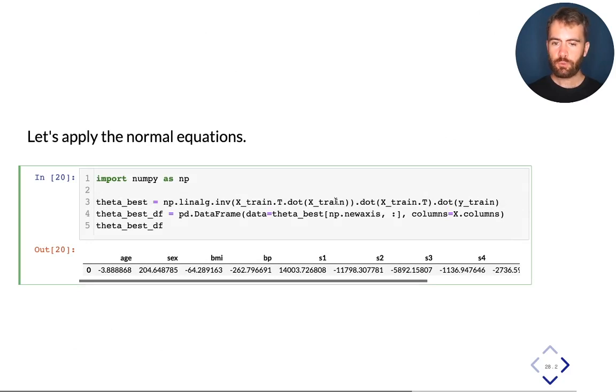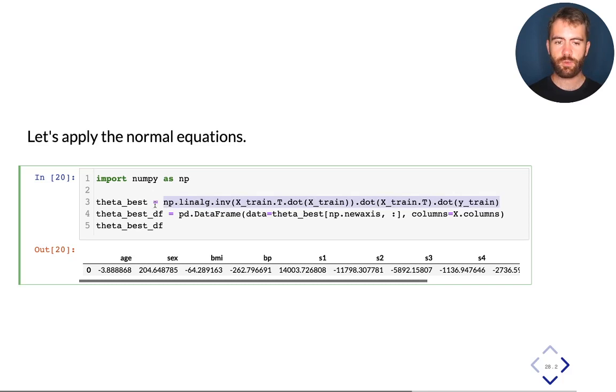We can apply the normal equations very easily to our UCI dataset using NumPy, and in fact it's just one line of NumPy. So here I have an expression for theta star, which I'm calling here theta best, and this is simply the implementation of the normal equations in one line of Python.